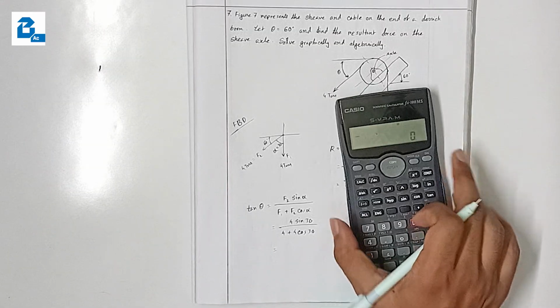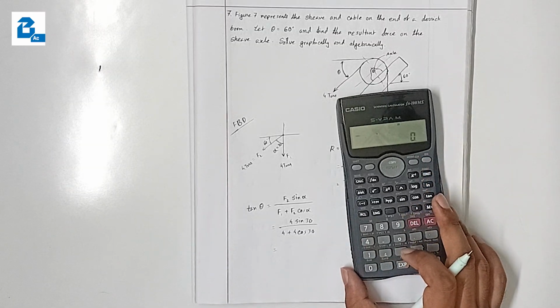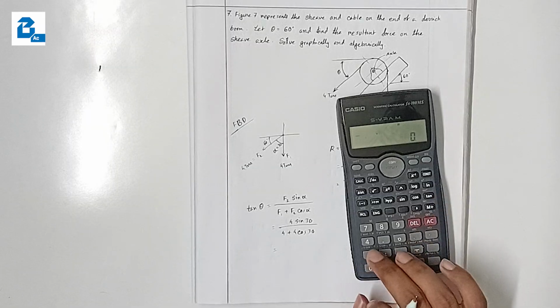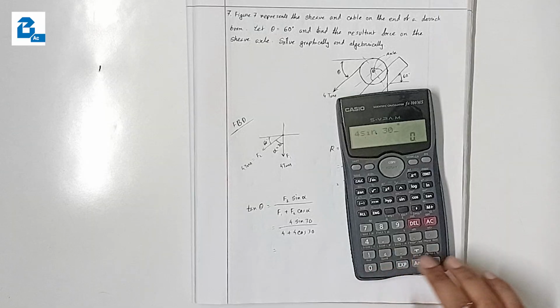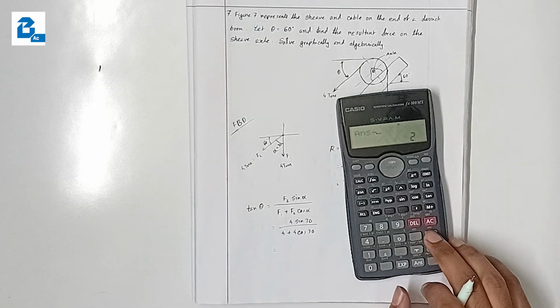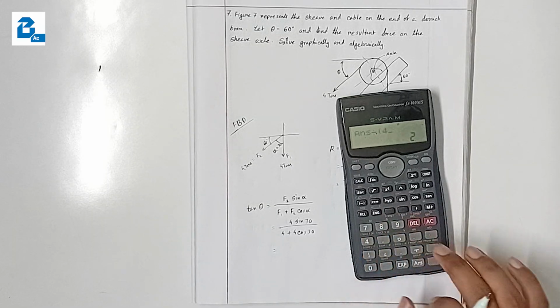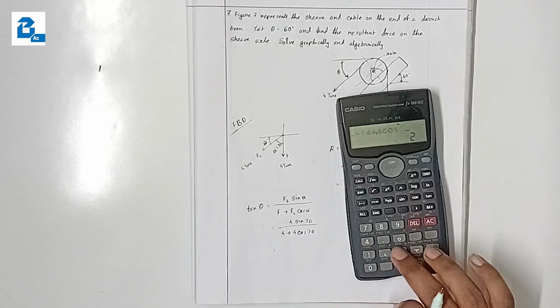And if we calculate it, then we get 4 sin 30 divided by 4 plus 4 cos 30.